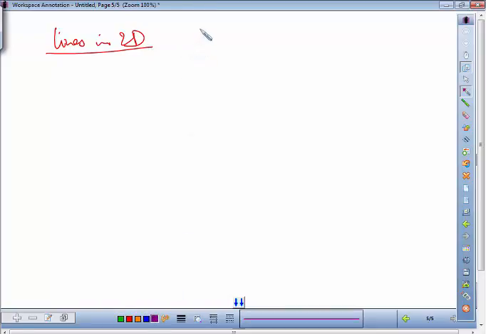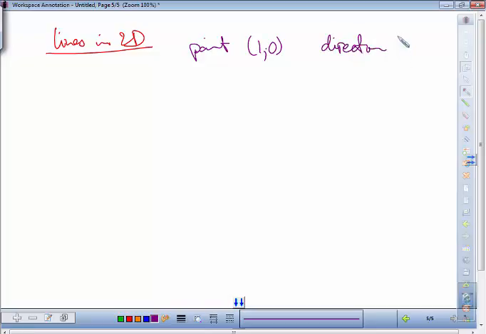Let's say we have a point, 1, 0. And then I want to go in a direction 1, 1. So let me look at it geometrically first. At the point 1, 0, that's 1, 0 right here. And then in a direction of 1, 1.